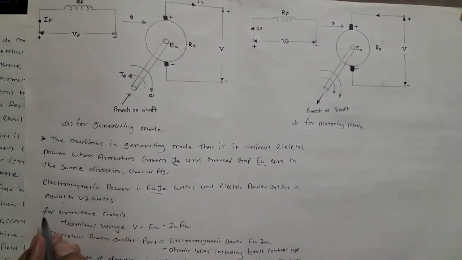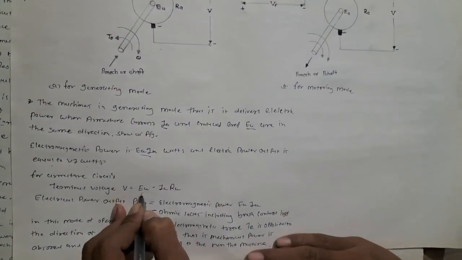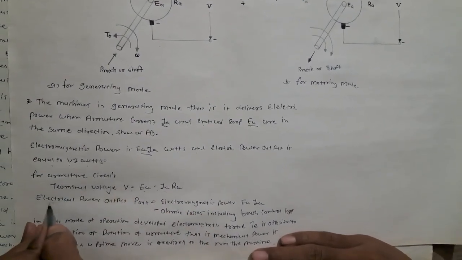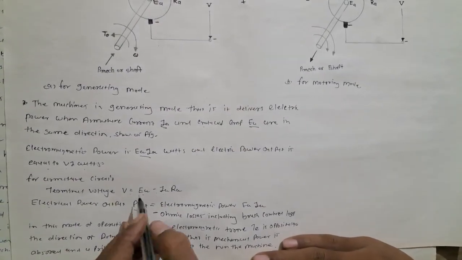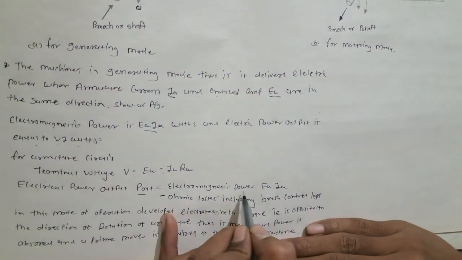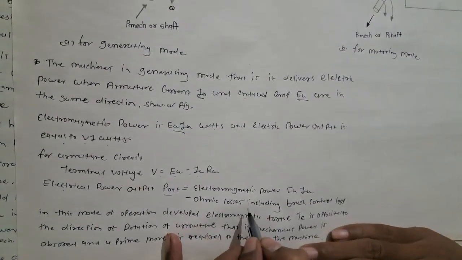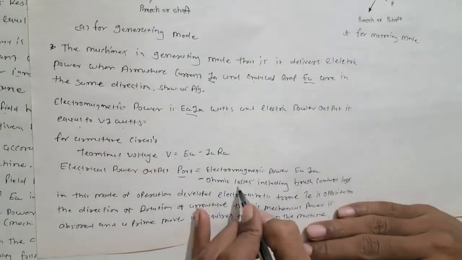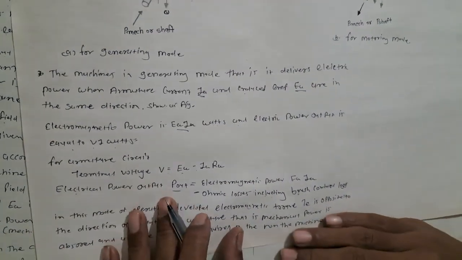For the armature circuit, terminal voltage V is equal to EA minus IA RA, and electric power output P out is equal to electromagnetic power EA IA minus ohmic losses including brush contact loss.